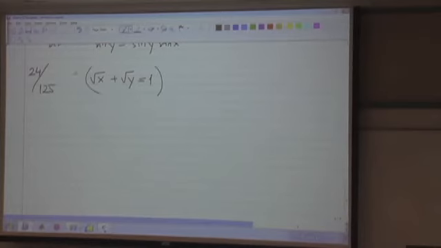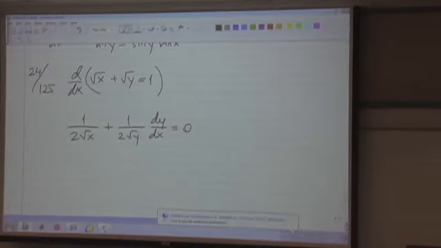So what is the derivative on both sides? 1 over 2 times the square root of x plus 1 over 2 times the square root of y dy dx is equal to 0. Right? Are you opposed to us writing everybody's square root as to the 1/2? If you want us to write it that way. No, you can do it to 1/2 if you want, as long as it's positive exponents.